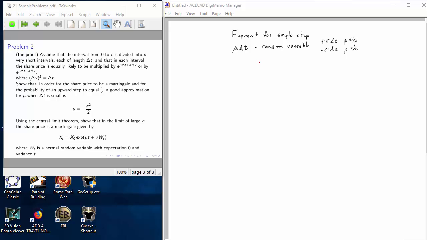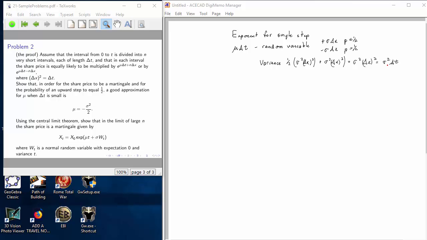And that random variable therefore has a variance, since the expectation is clearly 0, of 1/2 times sigma squared delta x squared plus another 1/2 sigma squared delta x squared, or sigma squared delta x squared, but don't forget delta x squared equals delta t.